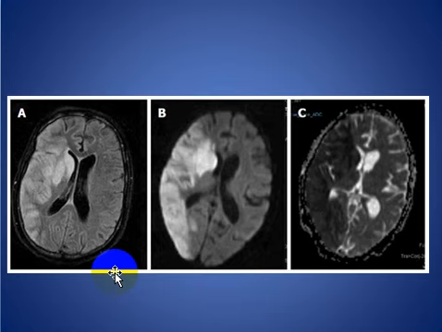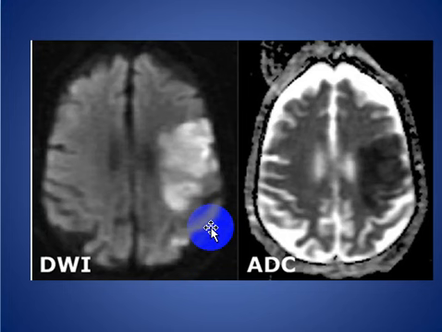Here, this is a patient with acute infarction, and we see here there is a hyperintense area in the territory of the middle cerebral artery, and in the diffusion it is restricting. It is restriction with diffusion, indicating that this is acute infarction.